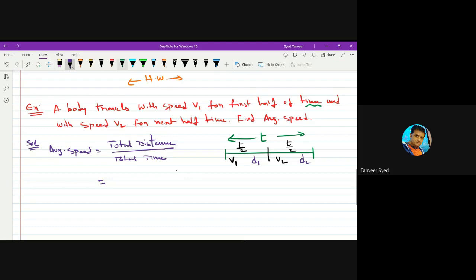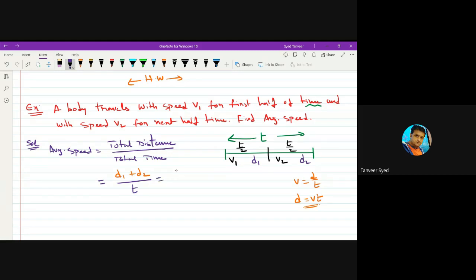Okay. Then again, we know speed is distance by time, but this time we want distance. So distance is speed into time. So here I will write this total distance as d1 plus d2 divided by total time. Total time is t.